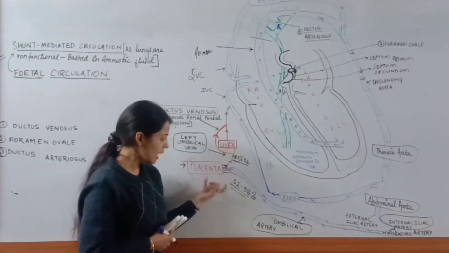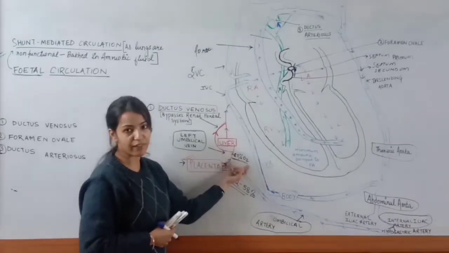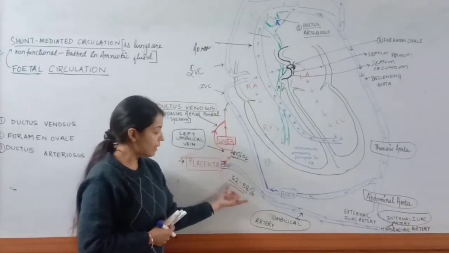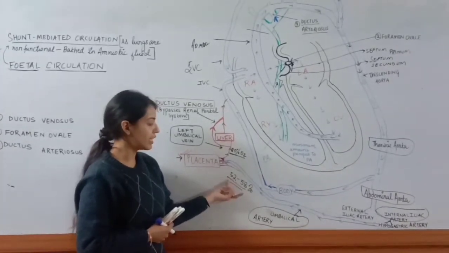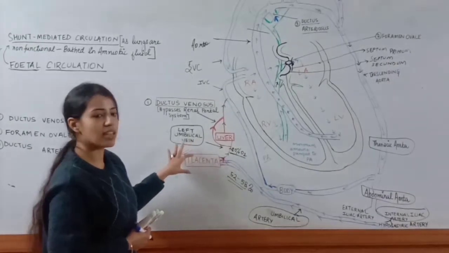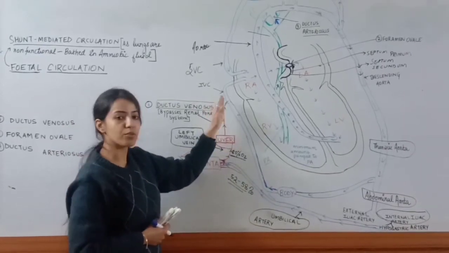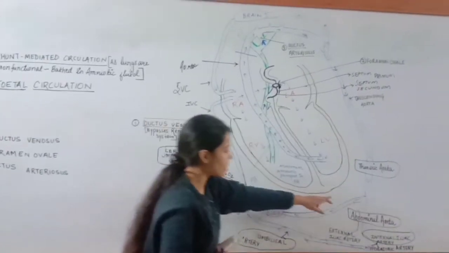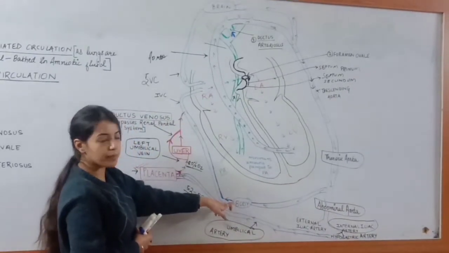Here, and mind it, we can see that initial oxygenation level is 80%. By the time the blood is returning to the placenta, it is only 52 to 58% oxygenated. So in the placenta, the exchange of gases is going to occur, and again the process is going to start. And this particular connection is just shown so that the circuit is complete, right?